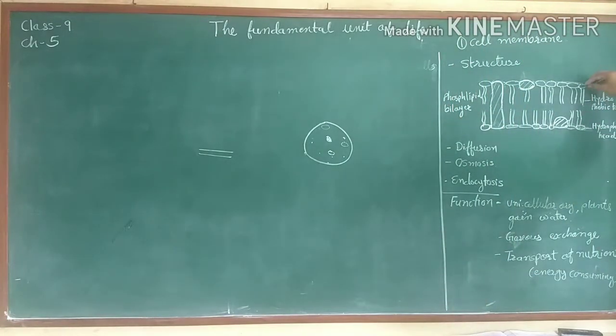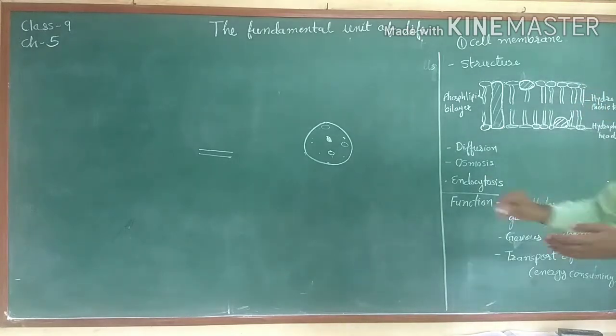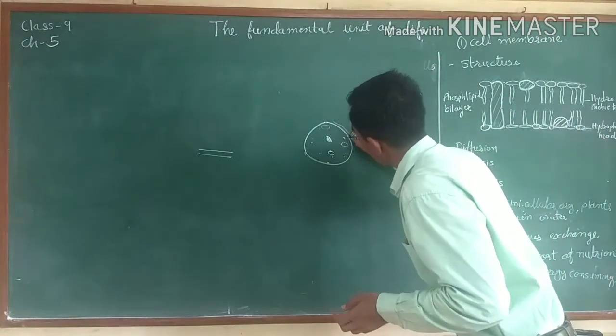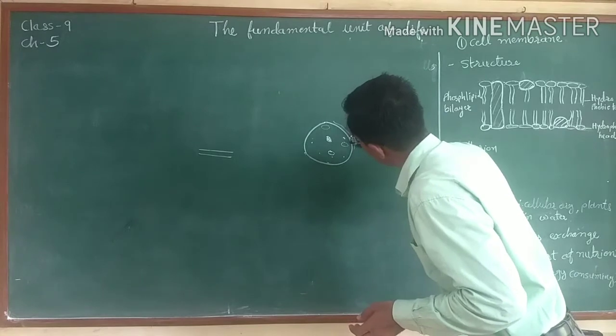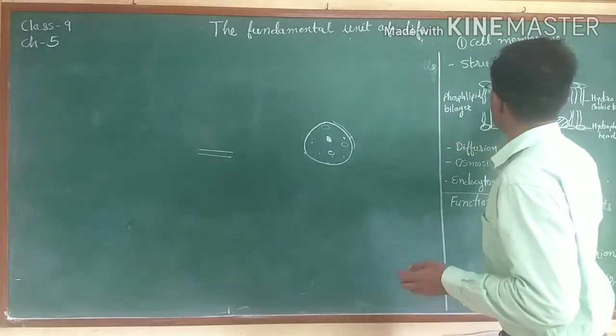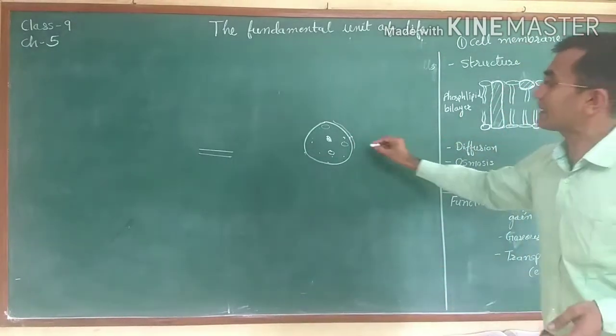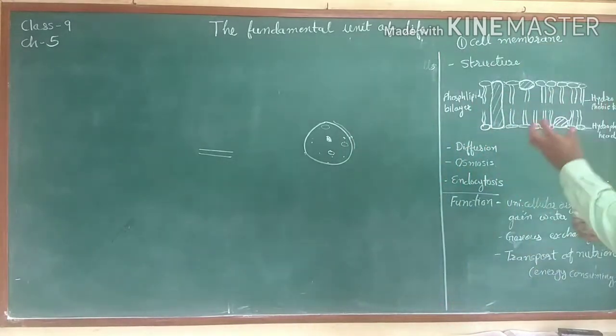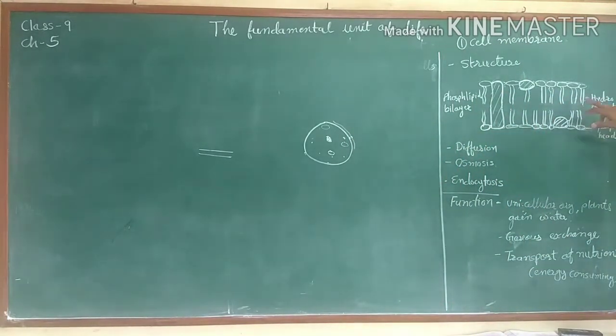The heads are present on both sides, like this is the cell membrane, and the heads are here on both sides, and this is the internal part. The tail part is inside, and the tail part is hydrophobic in nature. That is why we call it the hydrophobic tail and hydrophilic head. Okay, why is this so?